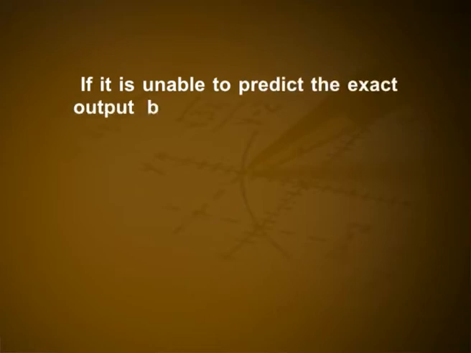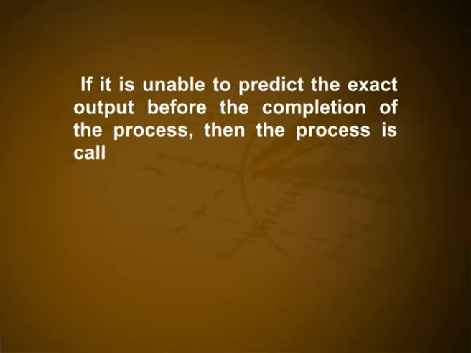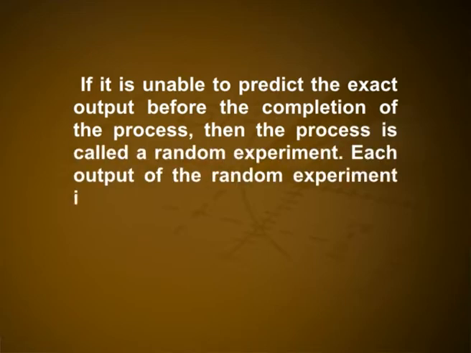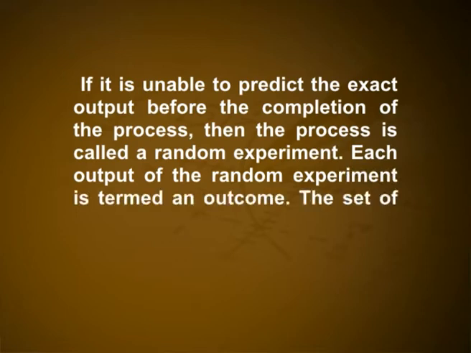There are many processes like tossing a coin, throwing a die, etc., in which there are only a finite number of possible outputs. If it is unable to predict the exact output before the completion of the process, then the process is called a random experiment. Each output of the random experiment is termed an outcome.